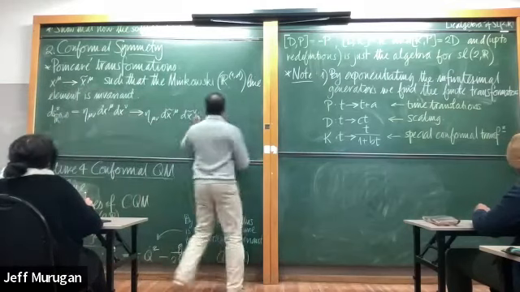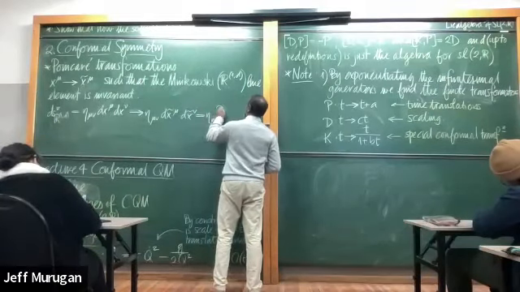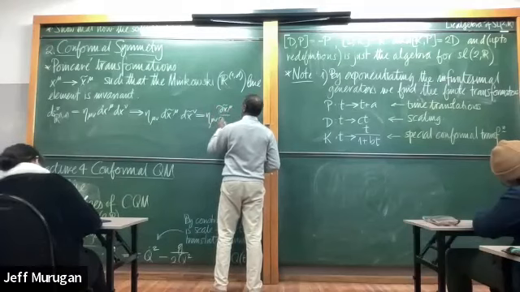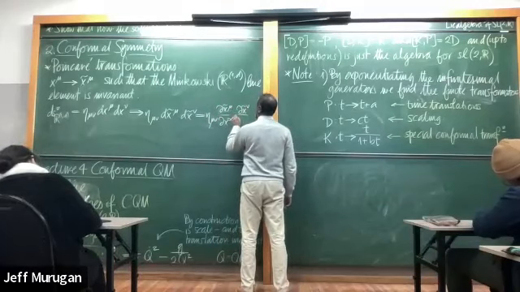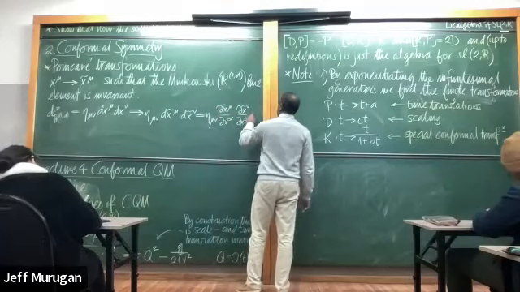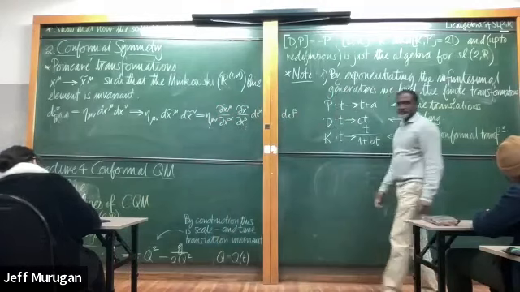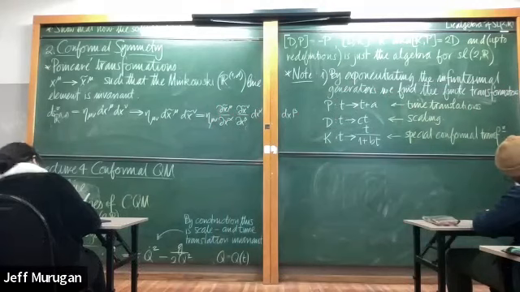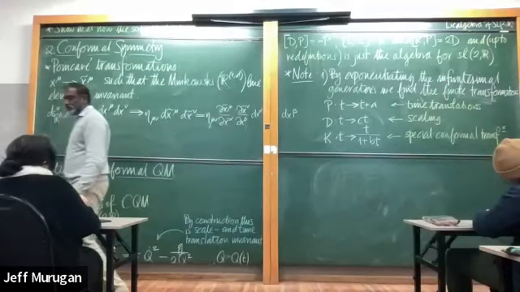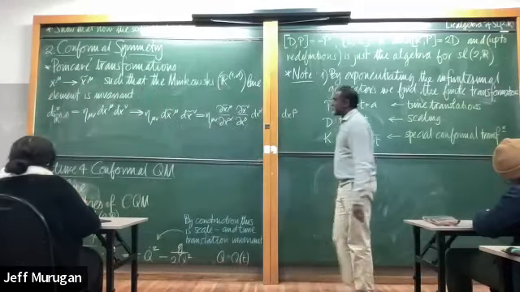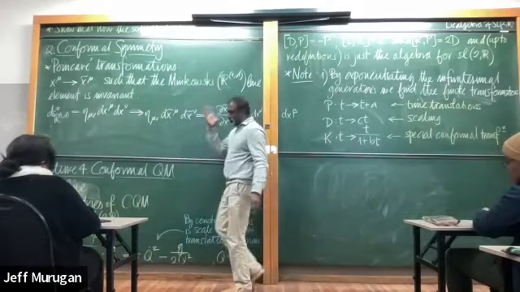And then I can use the chain rule to write these differentials as dx tilde^mu by dx^alpha, dx tilde^nu by dx^beta, dx^alpha dx^beta. And if this transformation is to leave the line element invariant, then I need this combination here to basically just be eta.